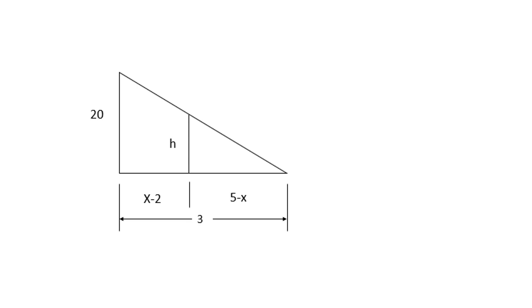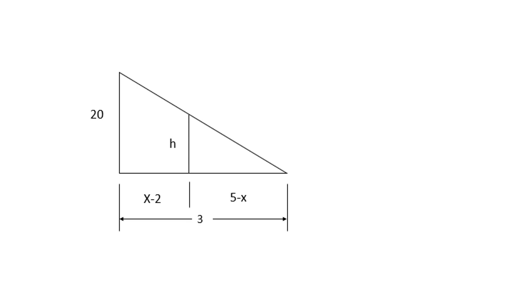So for our similar triangles, the large triangle has a height of 20 and a base of 3. And then this would be the lower height of your trapezoid, which I labeled as h. So again, the base from the trapezoid, the height of 20 to h is x minus 2, whereas the base from h up to the height of 0 for the triangle is 5 minus x.